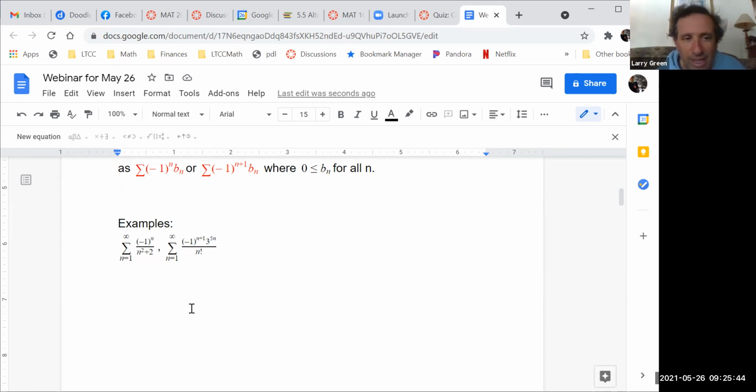Do you agree that these are alternating series? Do they each have either a (-1)^n or (-1)^(n+1), such that everything else is just positive? And if so, it's an alternating series.